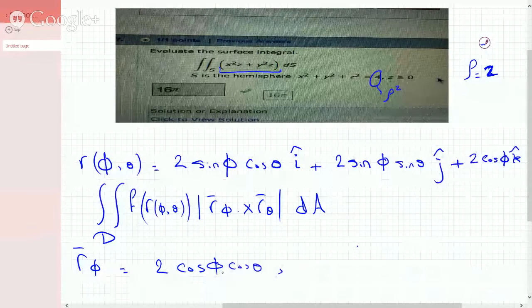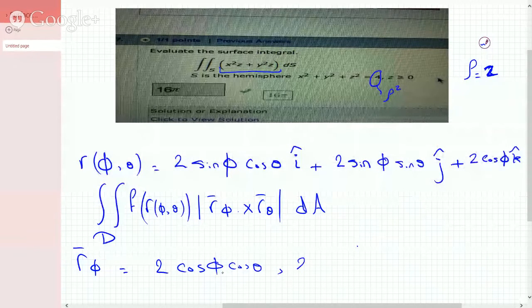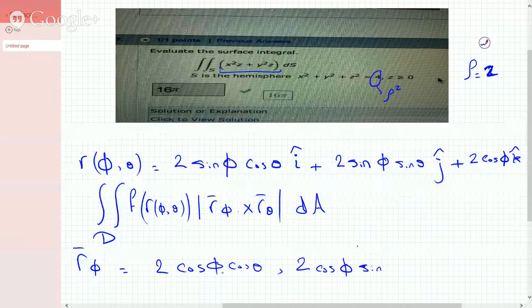I'll write it in a vector format, and this is 2 cosine phi sine theta, and the last one is just negative 2 sine phi.